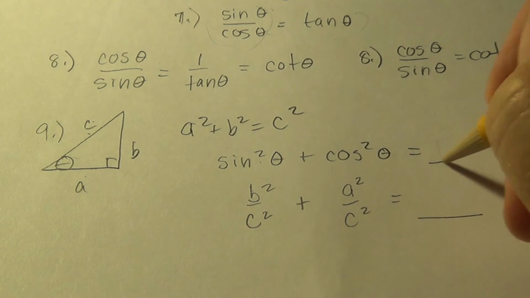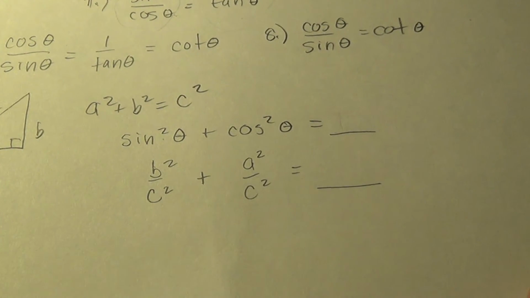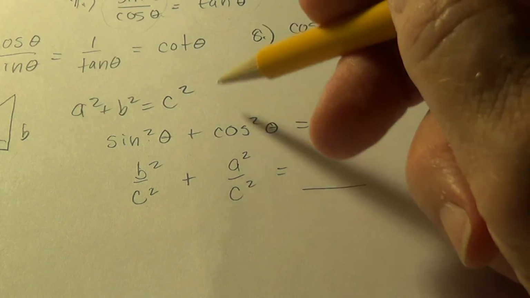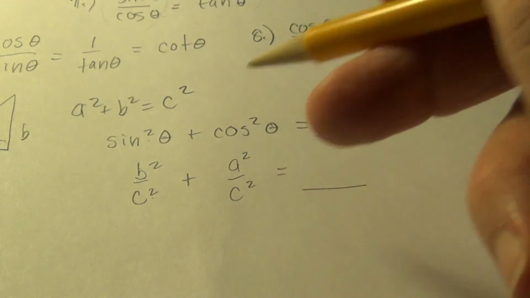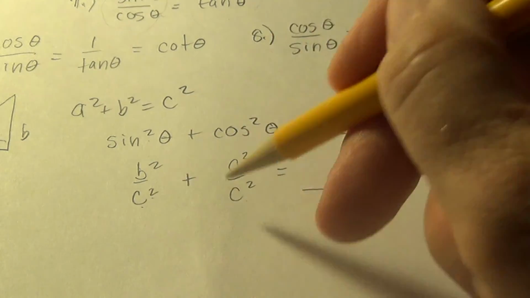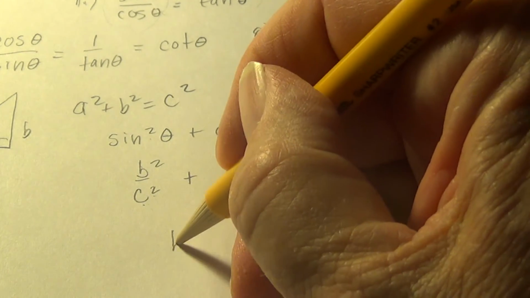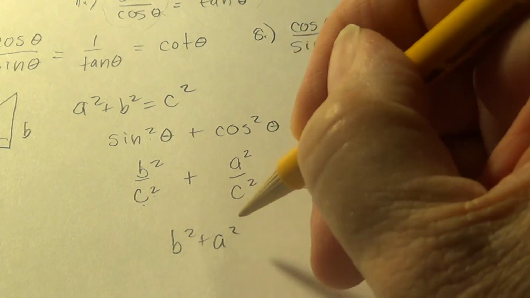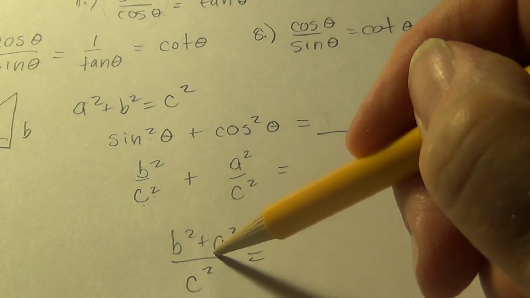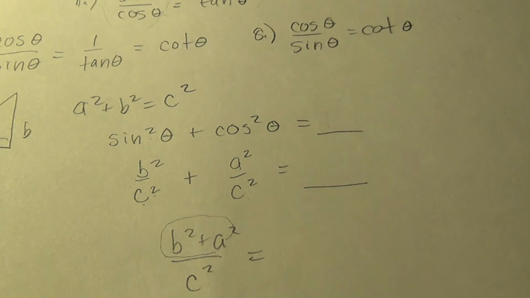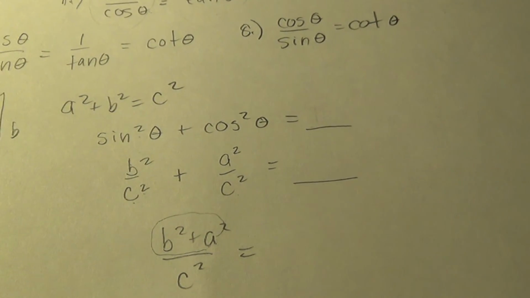I see like denominators, so I can put the B squared plus the A squared over the common C squared. But what does Pythagoras tell us that B squared plus A squared is?